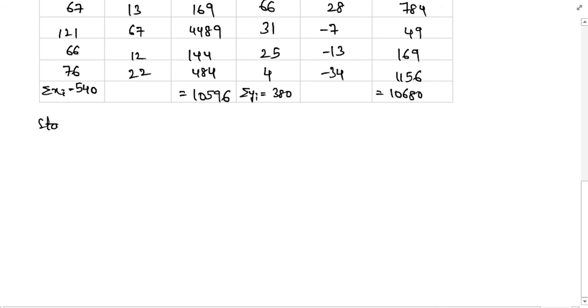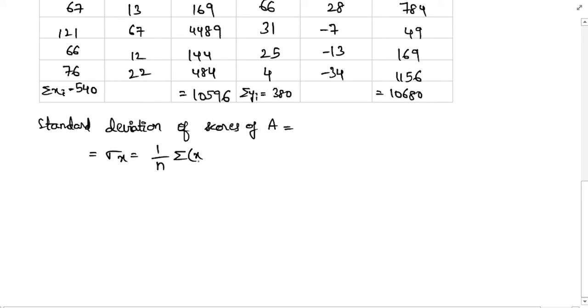Okay, so standard deviation of scores of A, that is sigma x, is equal to root of 1 by n into summation of xi minus x bar whole square.